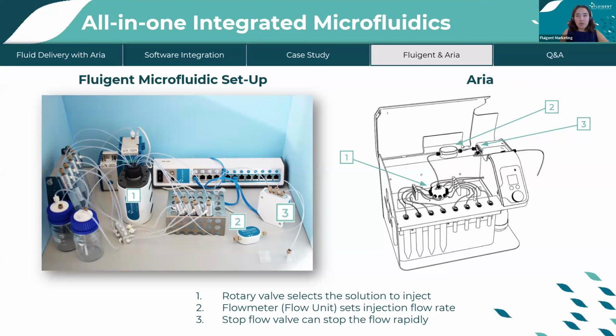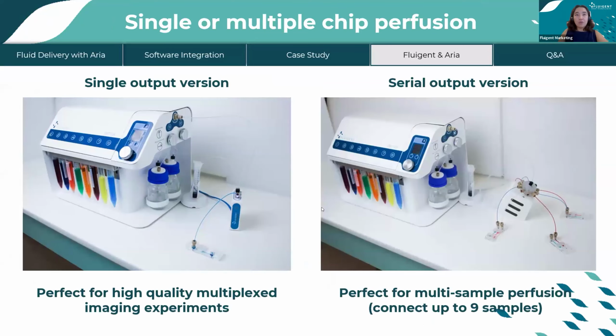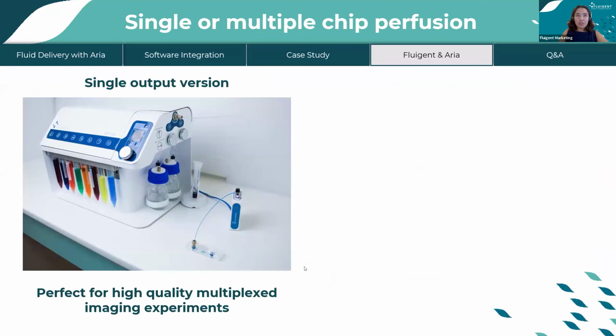You can see all of the components that can be assembled in an Aria in a box, let's say. We offer 2 variants of Aria. A single output version, specifically for multiplexed imaging, where you can have more than 10 fluids perfused in a single chip or a single flow cell.